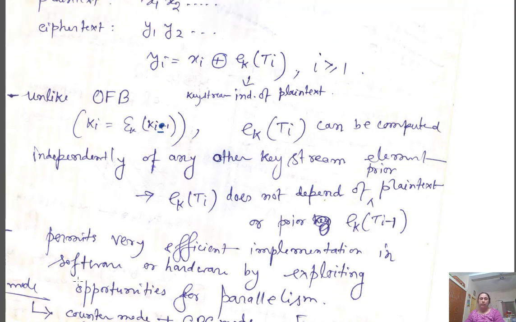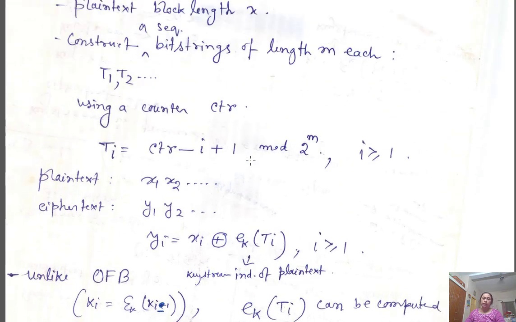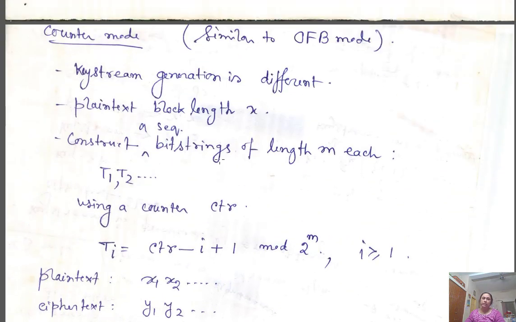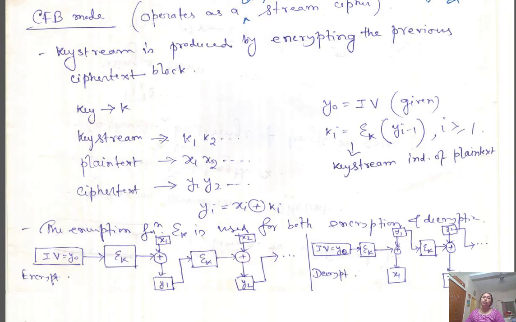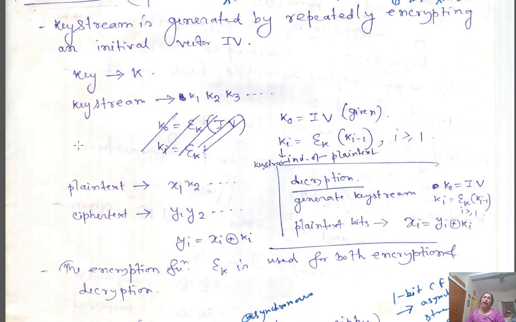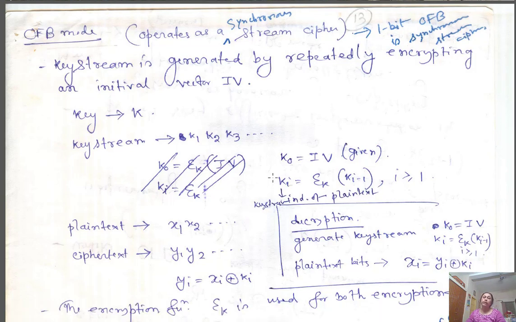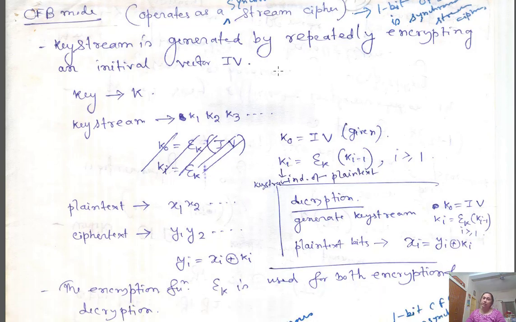Another thing I want you to think about: what are the advantages of these different modes? What are the advantages of counter mode over CFB mode or OFB mode? Each of these modes has its own advantages and disadvantages. And another point: how to choose the IV?